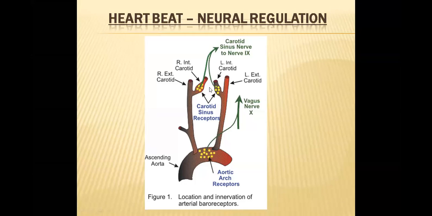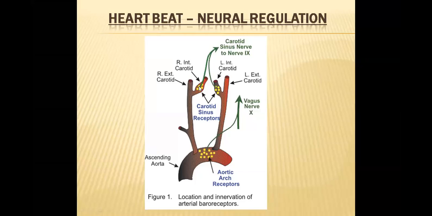Going up towards the brain region, these two carotid arteries bifurcate into two branches. One is the external carotid artery, this one is also external, and the inside ones are the internal carotid arteries.